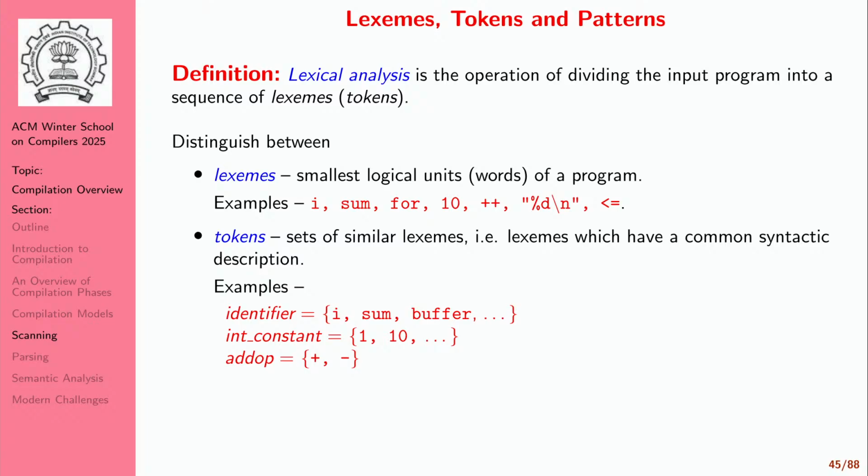So we have this token called identifier, which has lexemes I, sum, buffer, form, etc. You have this token category called integer constant, which is 1, 10, 20, infinitely many numbers. And you have this token category called addition operator, which is plus and minus. You could have multiplication operator, which is star and divide, etc.